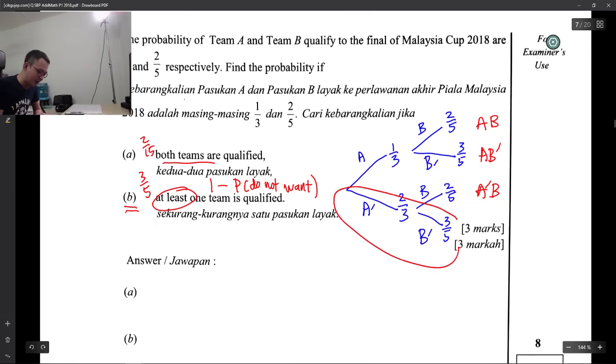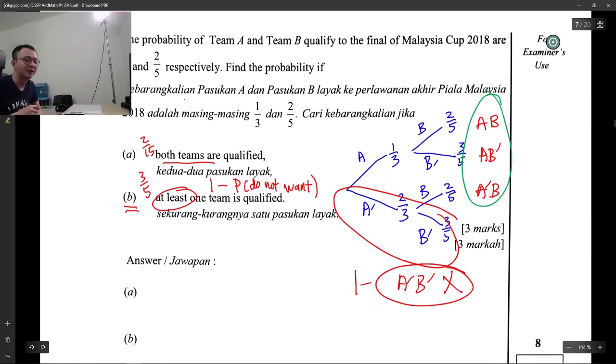If I do this one, A prime and B prime, this one both are disqualified, right? This one does not fulfill the condition, at least one qualified. So you can either use 1 minus this one, or you plus everything here. So you can choose one of them. Both should give you the answer 3/5. If you do not know why you will get 3/5, maybe you should try to write it down and then simplify it. You should be able to get the correct answer.